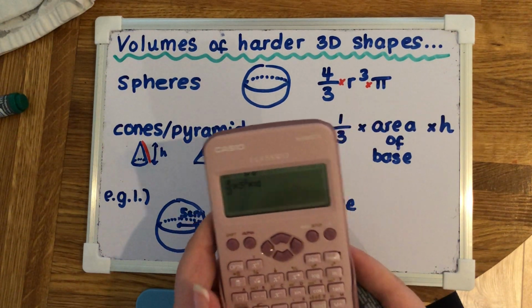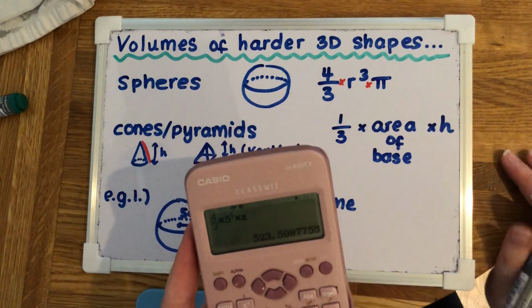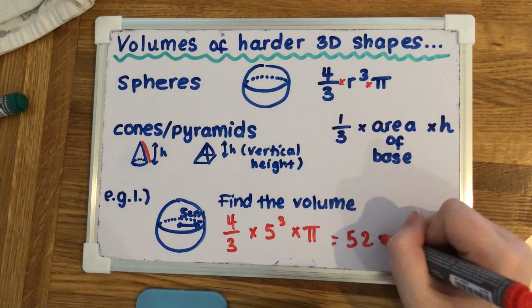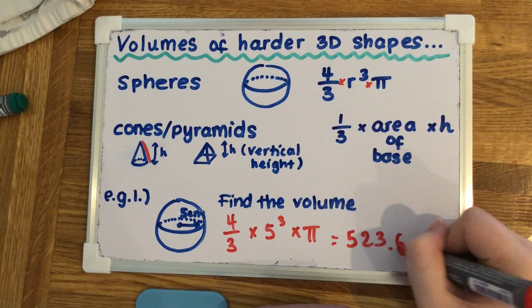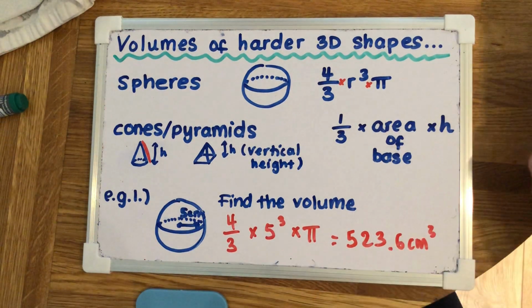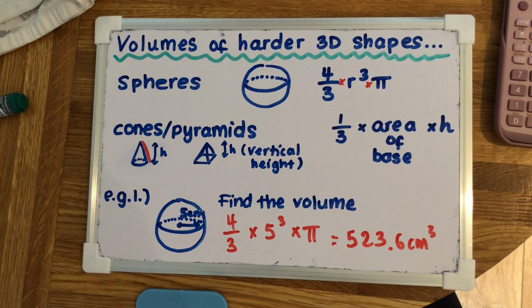So 523.6 centimetres cubed. Make sure you read the question. That'll probably tell you how many decimal places or sig figs they want. And it's as easy as that.